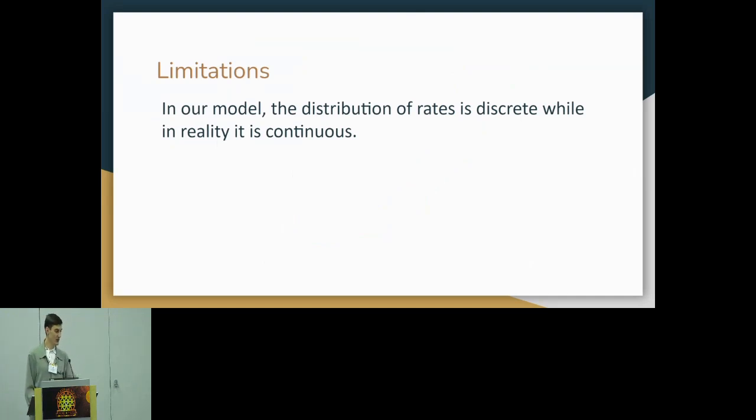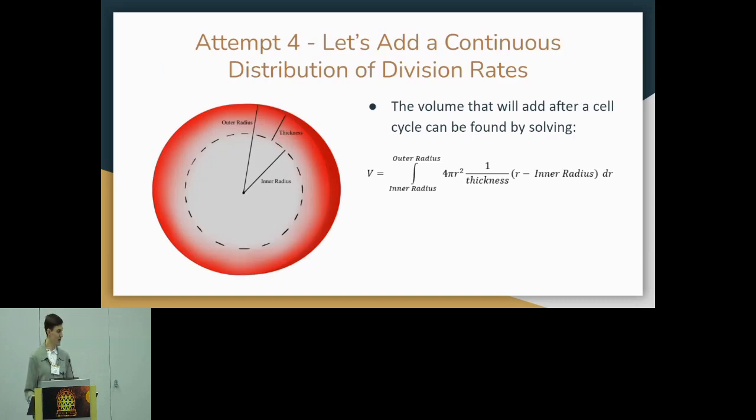But in the real world, the diffusion of oxygen and nutrients within the tumor is continuous, while in this case they're discrete because we have only two layers. So we need to have a continuous distribution of division rates along this layer of proliferating cells. To add this continuous distribution, I used an integral.